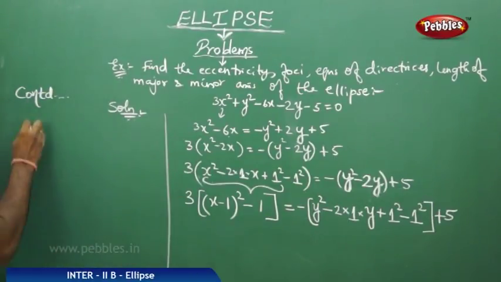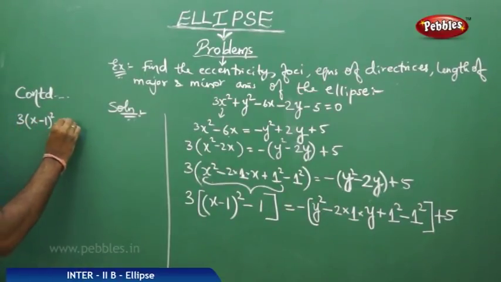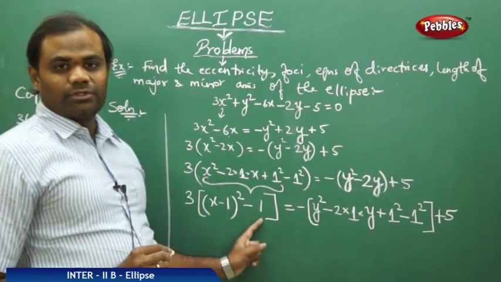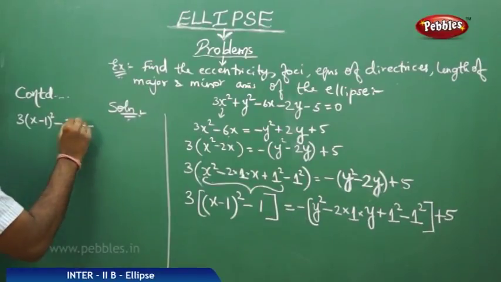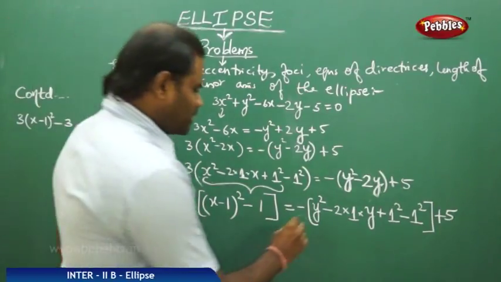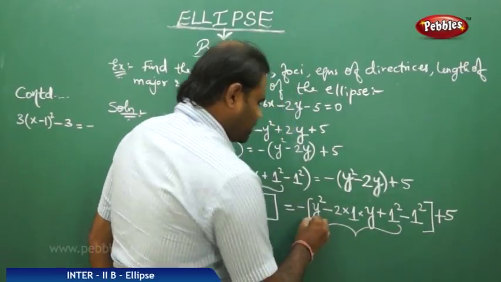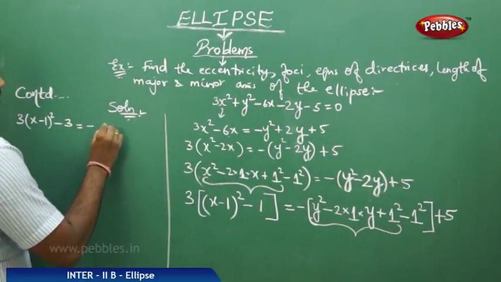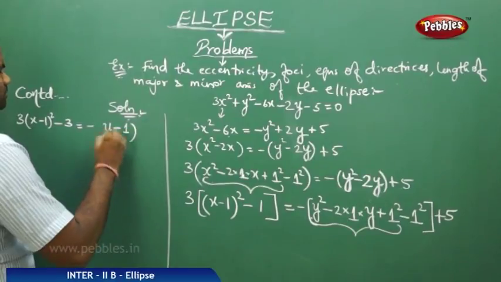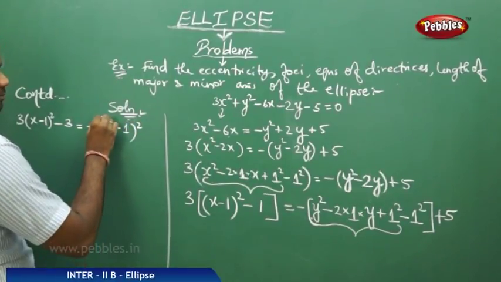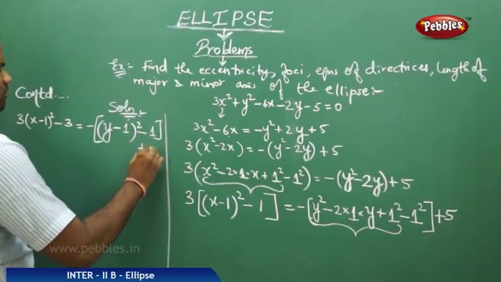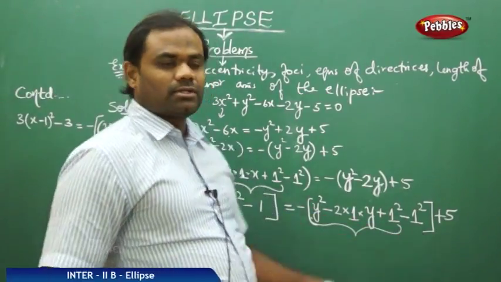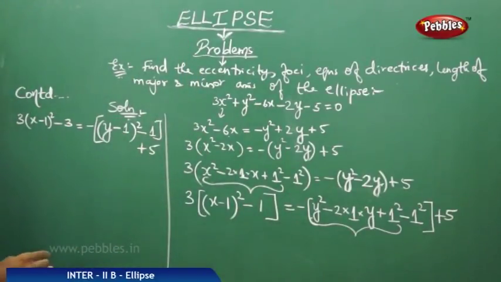Therefore, on expansion of bracket, I get 3 times of x minus 1 whole square minus 3 times of 1, which is minus 3, is equal to minus of this being a squared minus 2ab plus b squared is a minus b whole square, which is this whole square of y minus 1, minus 1 plus 5, because 1 square reduces as 1, plus 5 is what we get.